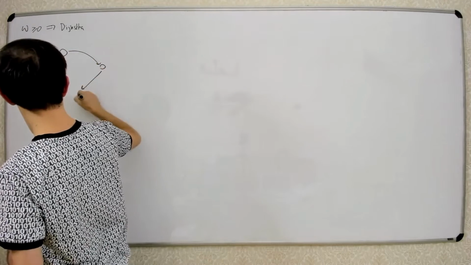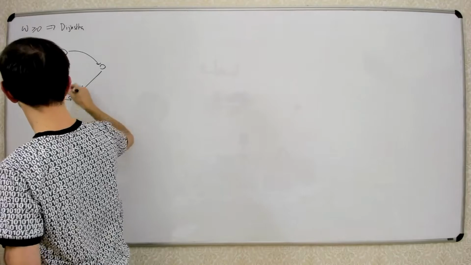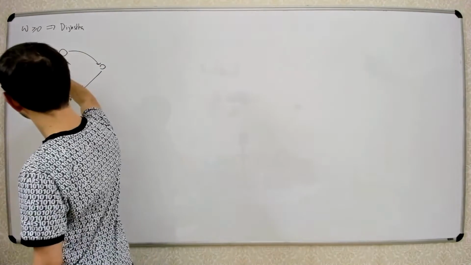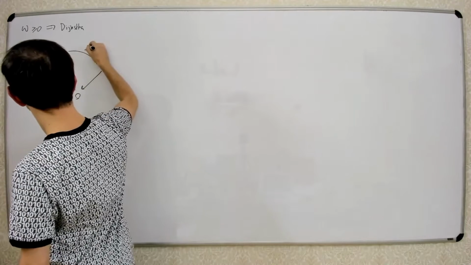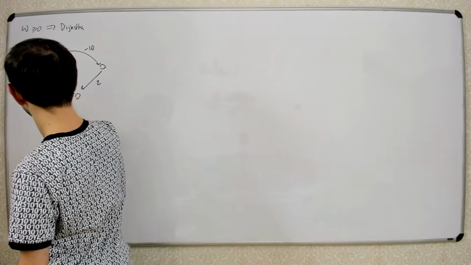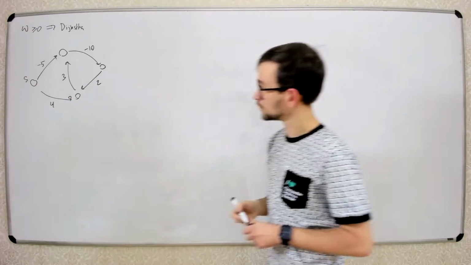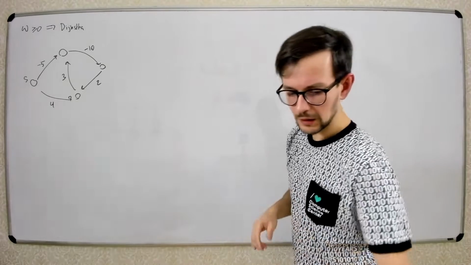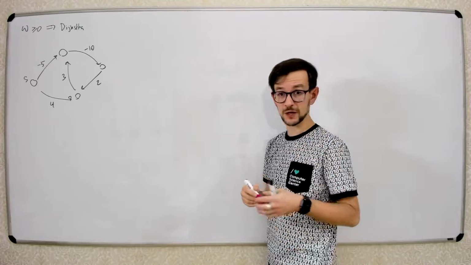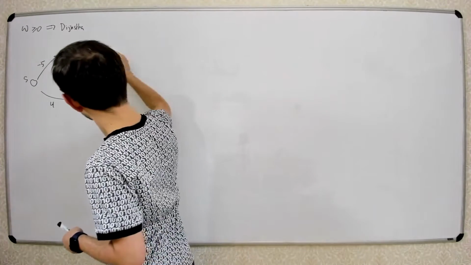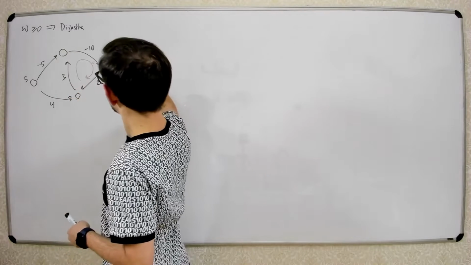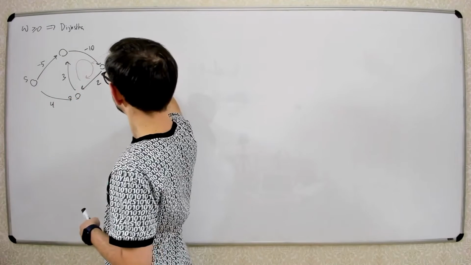And this is S, and the weights are, let's say, -5, -10, 3, and 3, and let's say 4 here. So what's the problem in this graph? The problem is that you have a negative cycle here. Here you have this cycle, and the sum of weights on this cycle is negative.